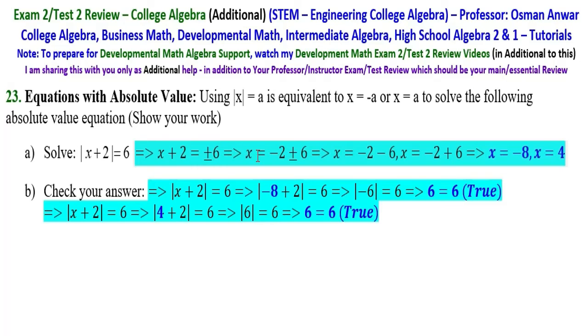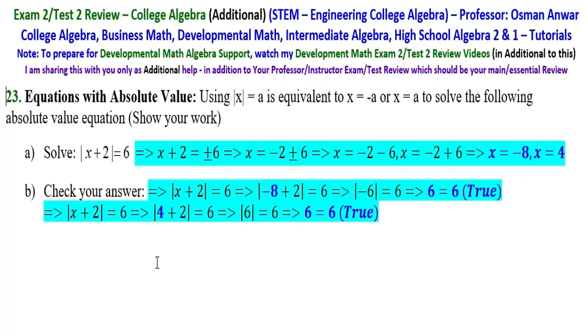That is x equals minus 2 plus or minus 6. That means x equals minus 2 minus 6 or x equals minus 2 plus 6. That is x equals minus 8 or x equals 4.